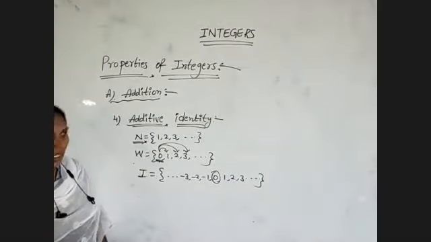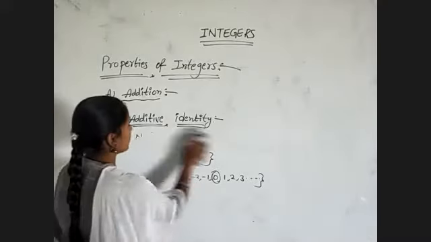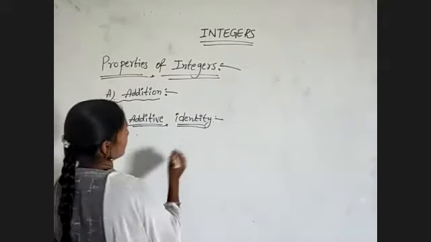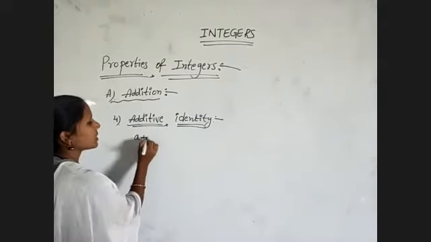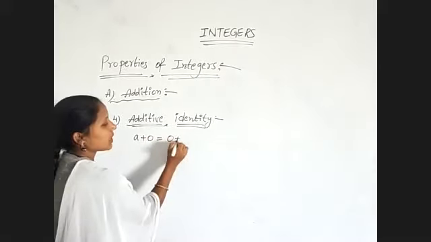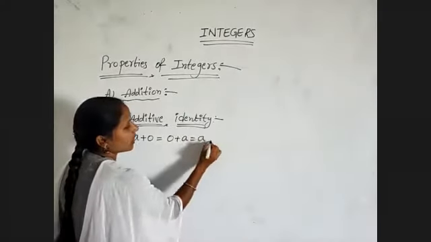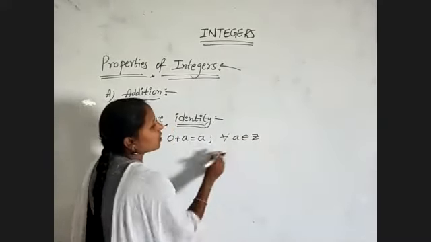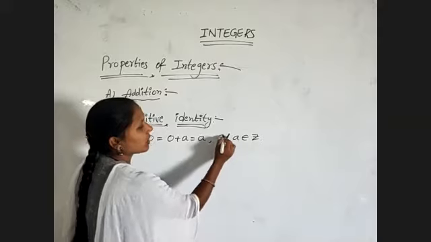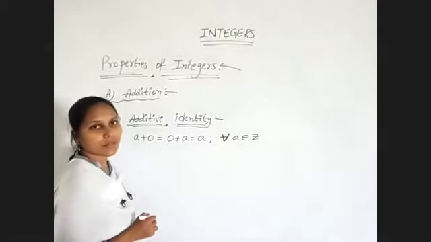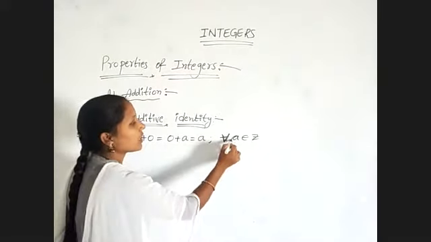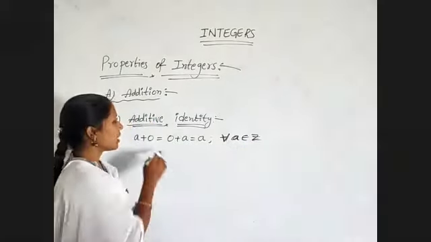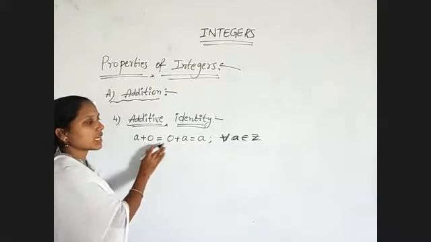So the statement is given by a plus 0 or 0 plus a is equal to a for all a belongs to Z. For all means for every; this symbol is read as for all. Means for every value of a that belongs to Z, that is, belongs to integers, a plus 0, 0 plus a is equal to a.